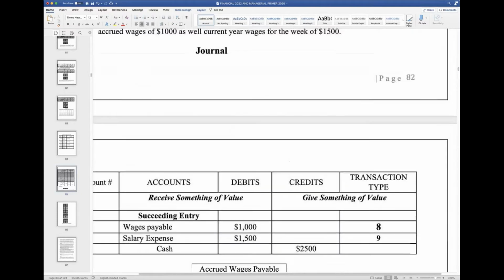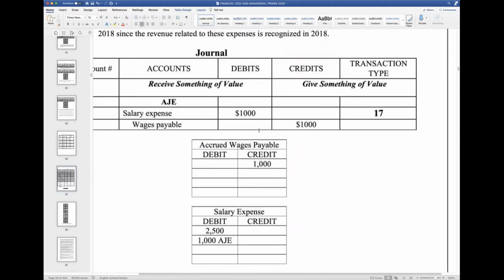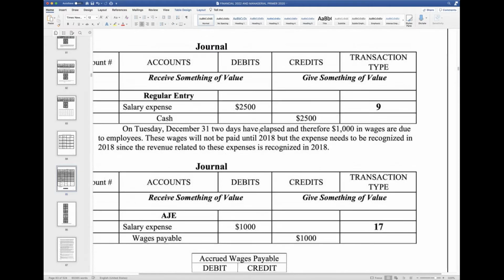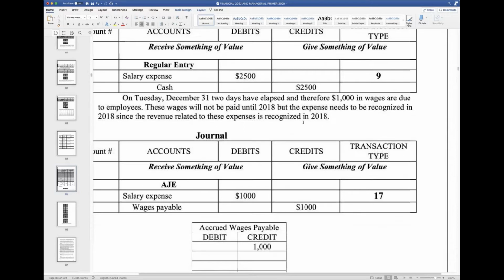So let's look at how we do it. On that last full Friday in the year, we debit salary expense and credit cash. But then for those 2 days, Monday and Tuesday, since we're paying at the rate of $500 a day, we debit salary expense because we want this money in 2019 also, and we credit wages payable.